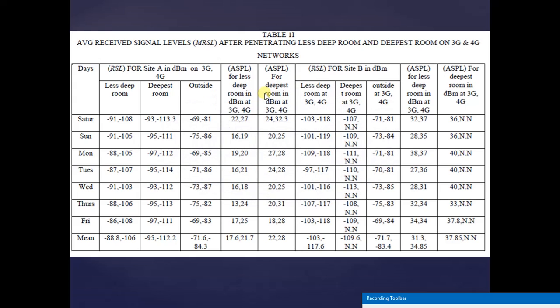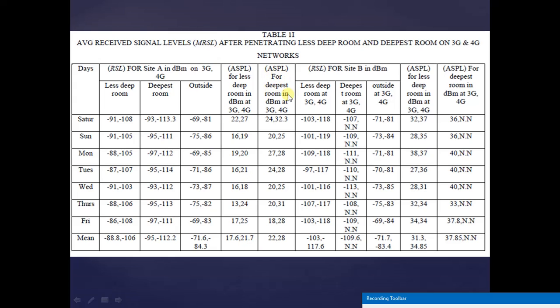So in our table 2, we have also seen the investigation of the signal penetration loss between the less deep room and the deepest room. We see that the average signal penetration loss for the less deep room at 3G and 4G for site A is 17.6 dBm and 21.7 dBm respectively.